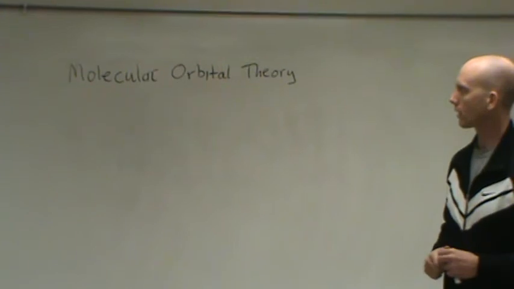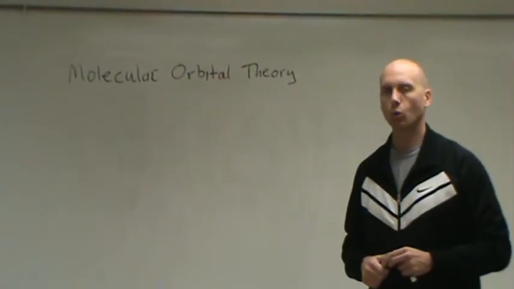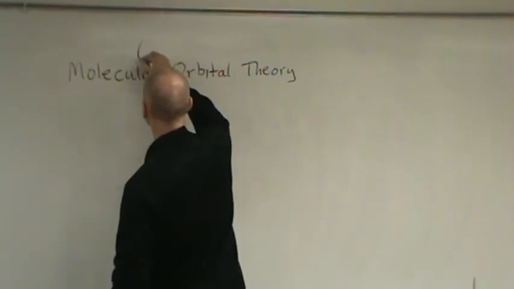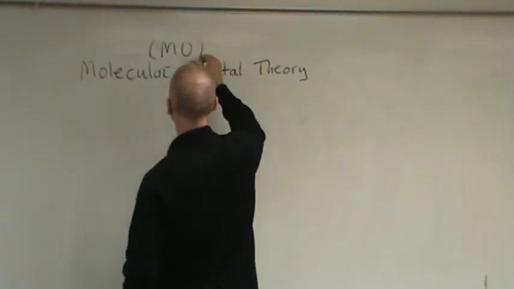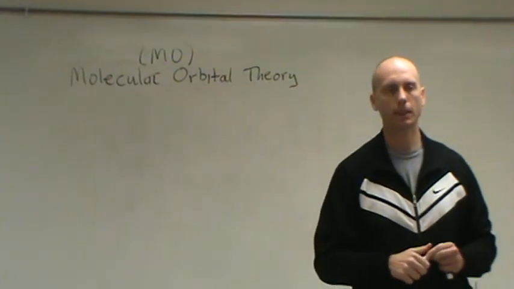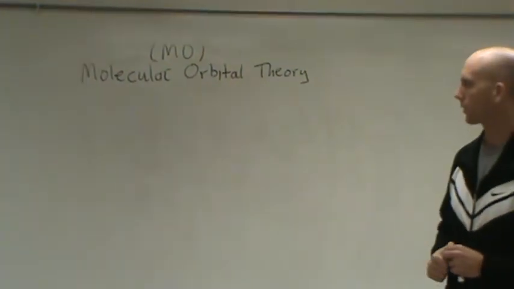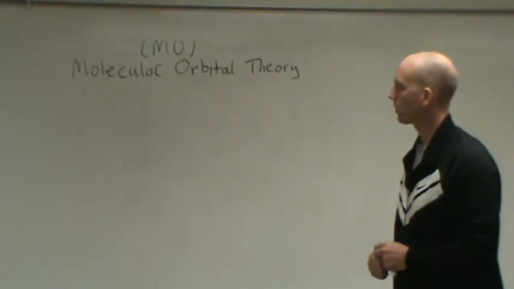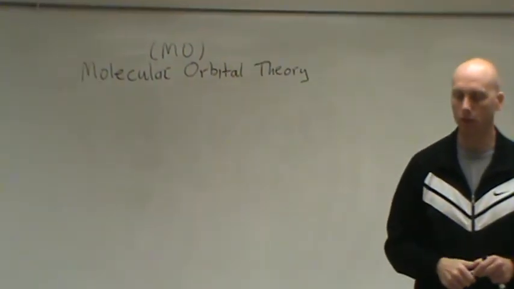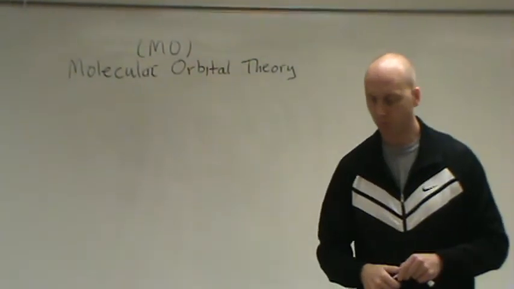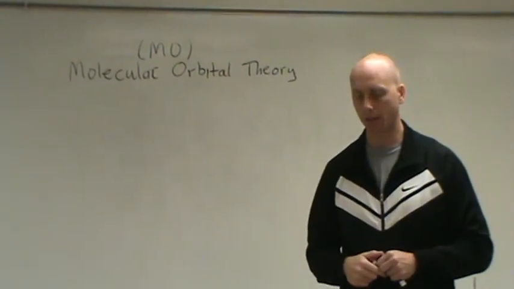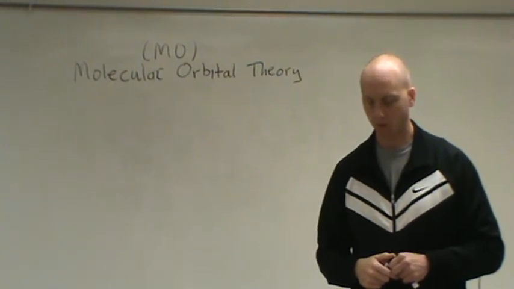This is what we're going to call molecular orbital theory, or sometimes abbreviated MO theory. This is a very important theory that we want to master in this chapter, as we'll be using it off and on throughout the rest of the course.